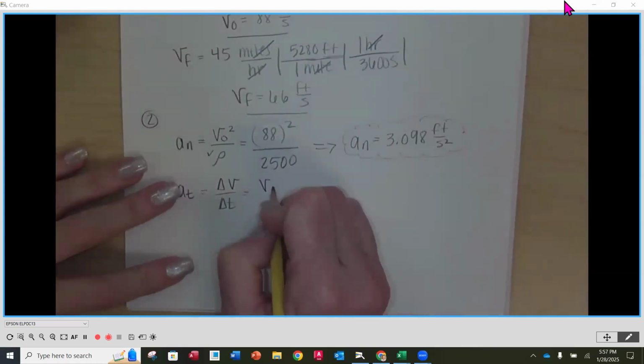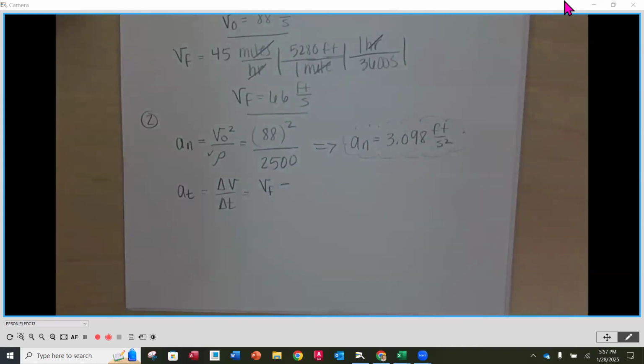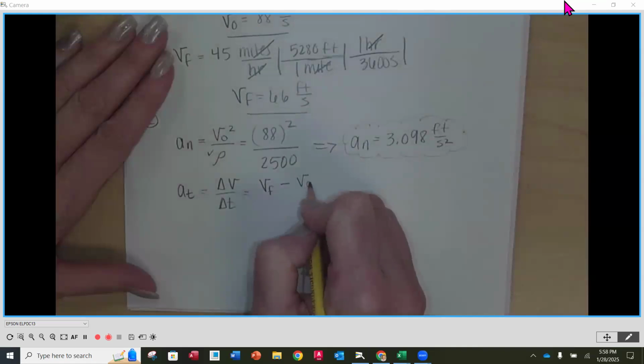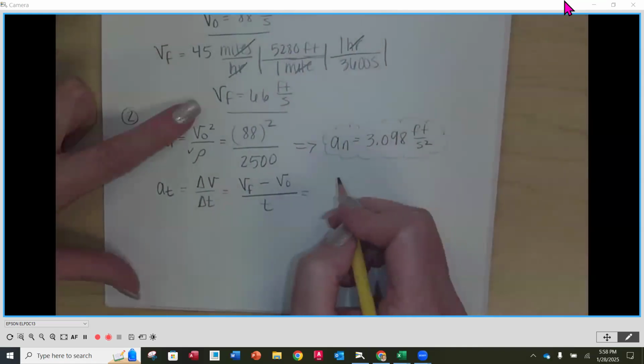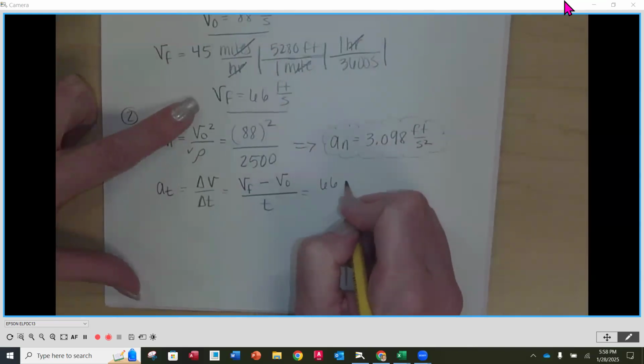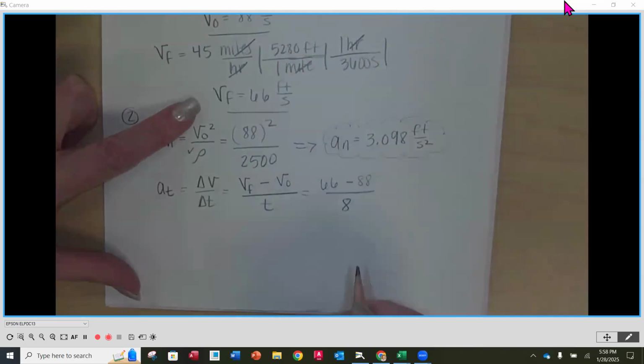So our final velocity in this case is going to be smaller than our original velocity, which is okay because we're going to end up with a negative value for the tangential component of the acceleration, which makes sense because it's going in the opposite direction or it's decelerating the motion. And then it's going to be the original divided by that time. Okay. So our final is the 66 minus the 88 divided by 8 seconds.